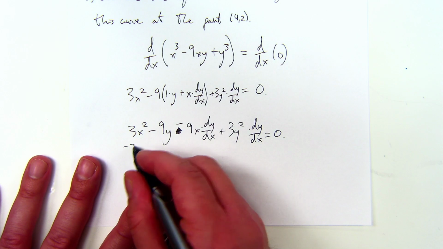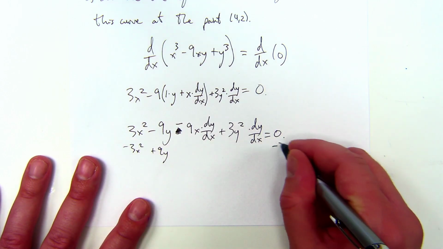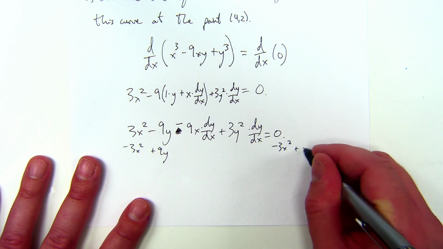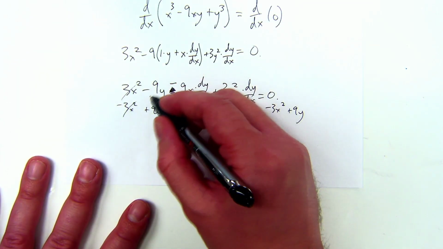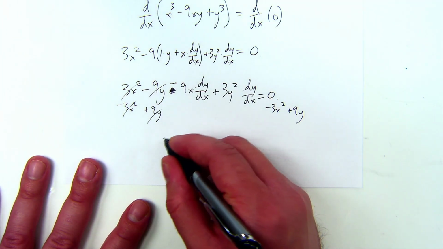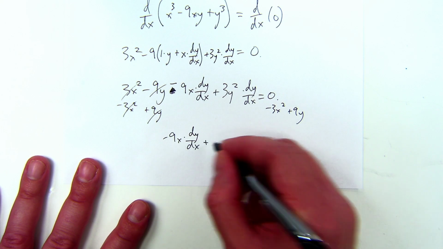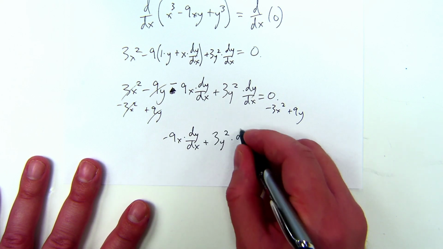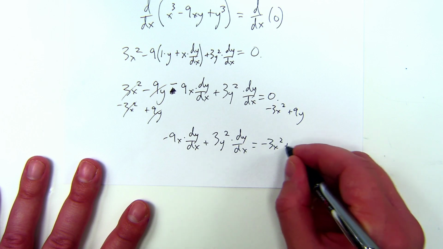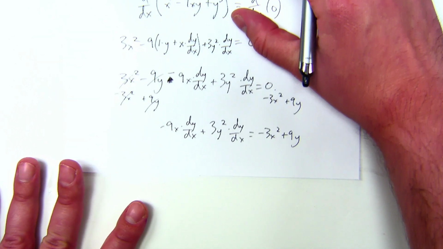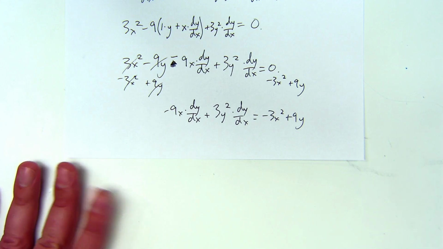So we subtract 3x squared and add 9y on both sides. On the left, these go away. We get negative 9x times dy dx plus 3y squared times dy dx is negative 3x squared plus 9y. So everything with dy dx in it is on the left, everything without is on the right.